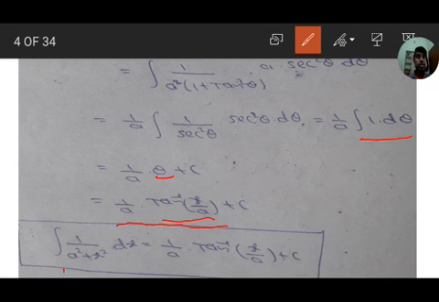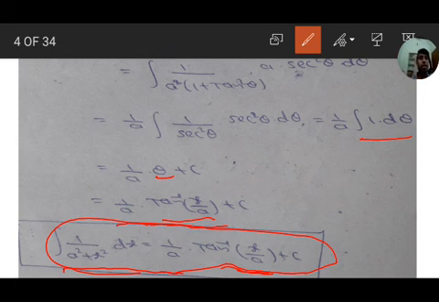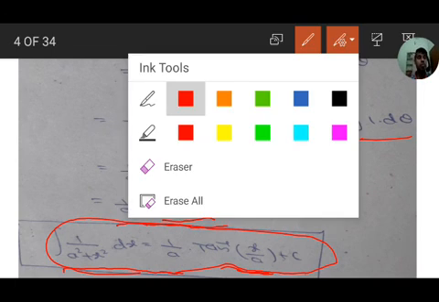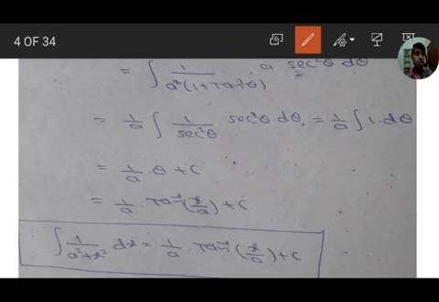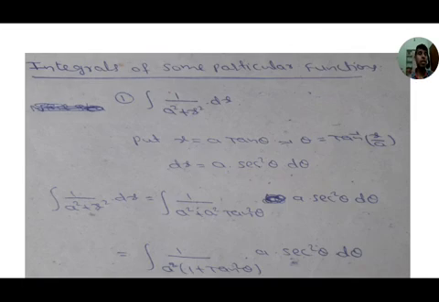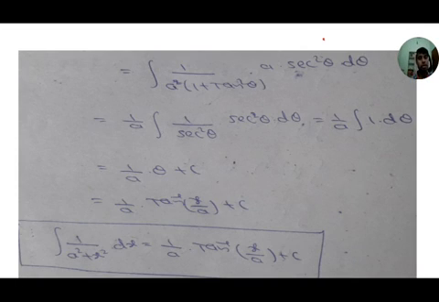That is, integration 1 by a square plus x square dx equals 1 by a tan inverse x by a plus c. It is the formula. Remember this as a formula. The substitution process will come out lengthy, so you have to remember it as a formula.